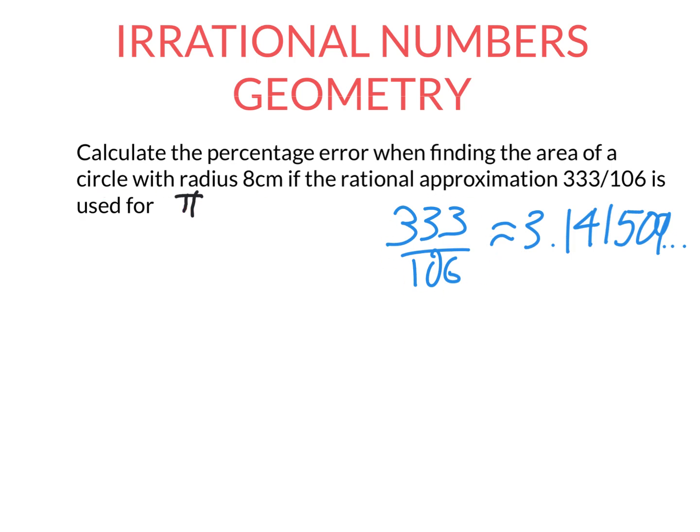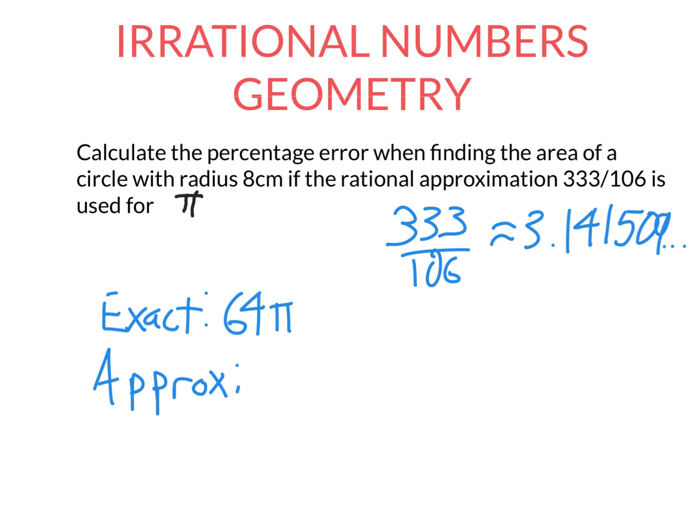So if I was finding the area of a circle with radius 8, the exact answer, what it should be, is just going to be pi times 8 squared, so 64 pi. But if I use my rational approximation, instead of using pi, I'm going to use this. This is going to be 333 over 106 in place of pi times radius squared.